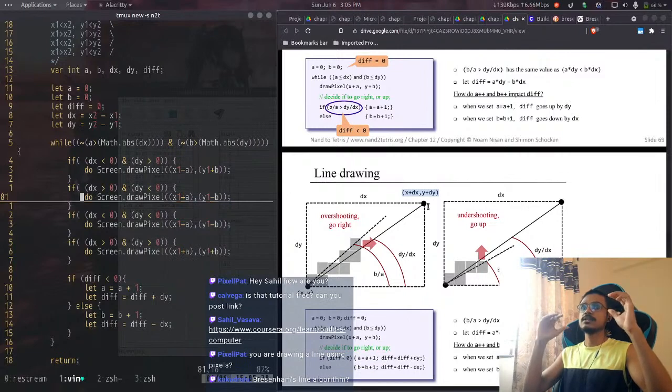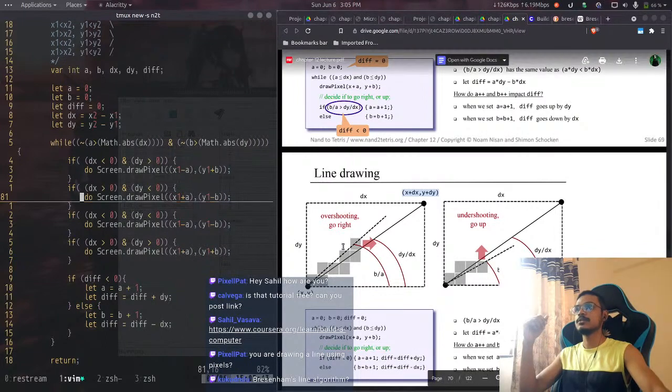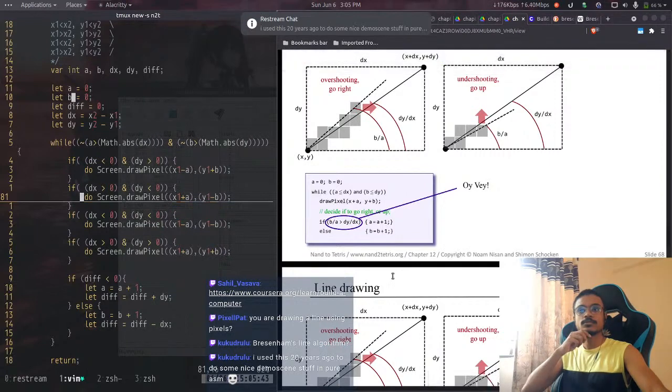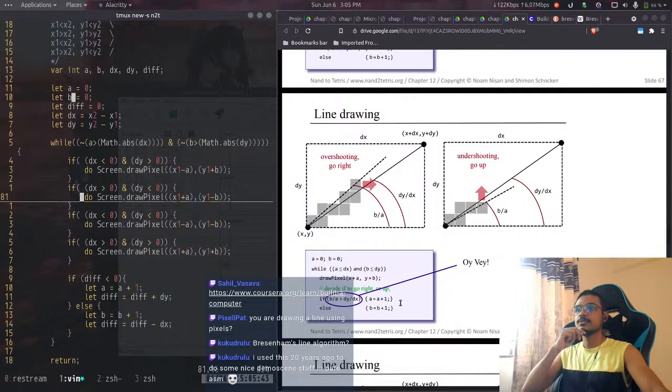Now this dx and dy can either be negative or positive, right, depending on the position of these two points. And the other thing is I'm using a and b variables to... Oh, yeah, I didn't know about it. Thanks for telling me the name.